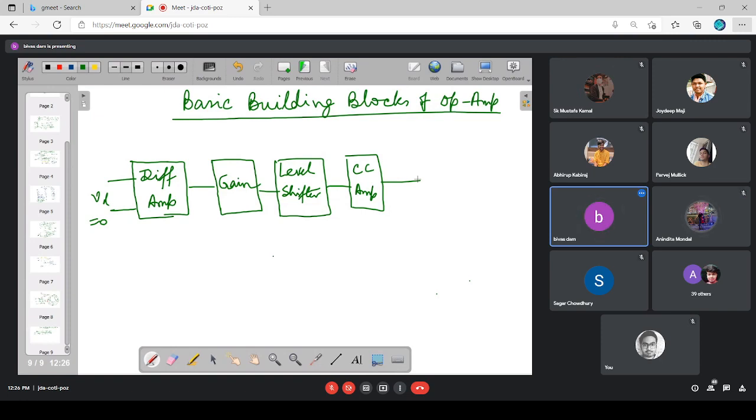So the level shifter assumed certain parameter values. But while working in the actual field, it finds that those parameter values are not the same. So what can it do? It can do nothing.